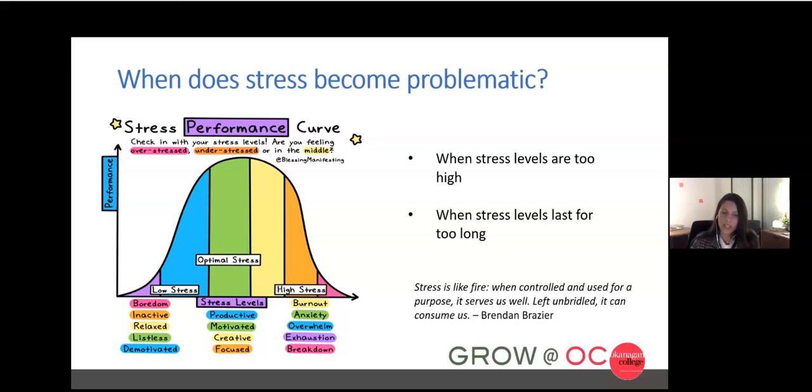So the goal is not to eliminate stress, right? We're not going to talk about ways to completely get stress out of your life because that's not possible. And as you can see, minimal amounts of stress are actually not a positive thing. They can cause boredom, inactivity, demotivation.